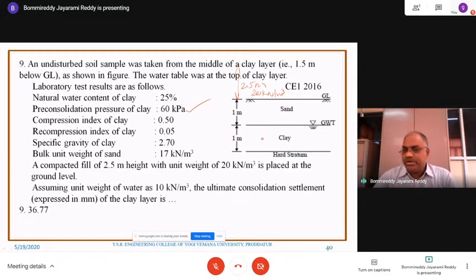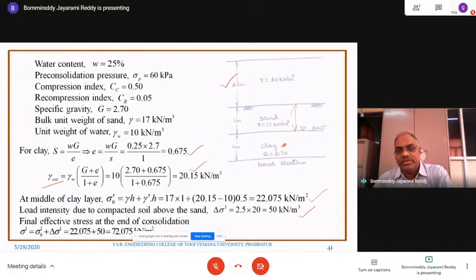That means already the soil is under more pressure than the existing. So that's why here a small thing is to be found. Sigma effective is sigma naught plus change in value. The total is 72.